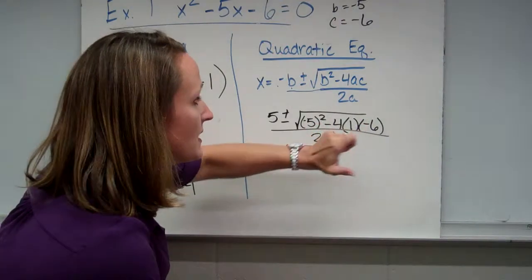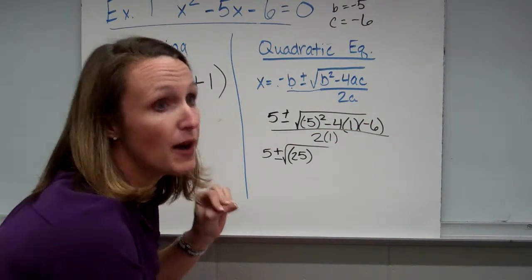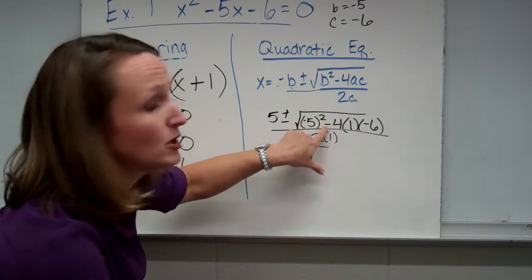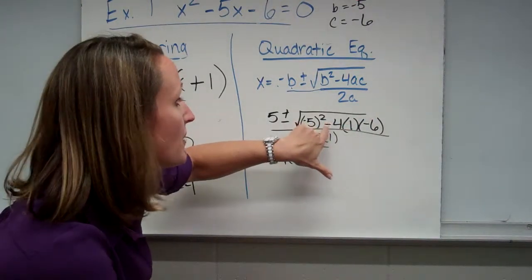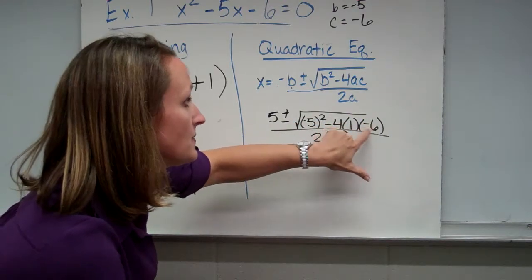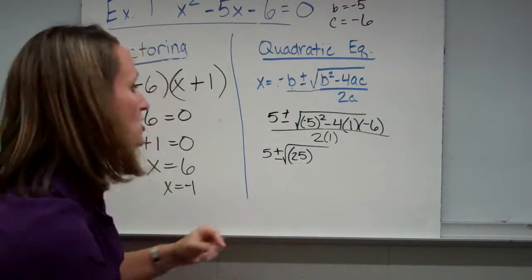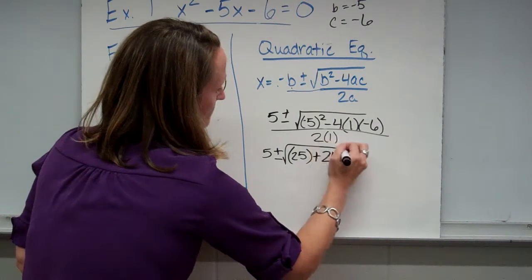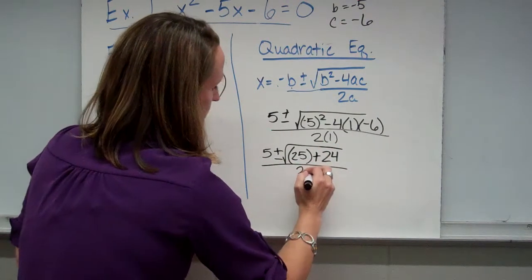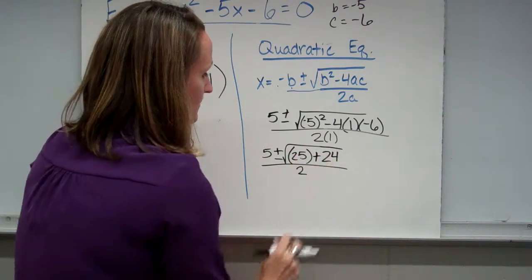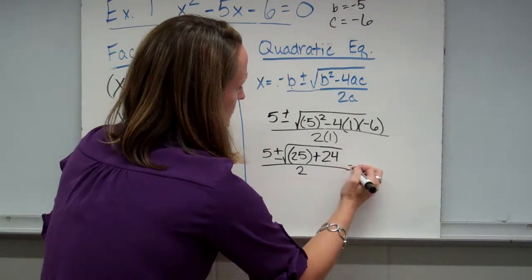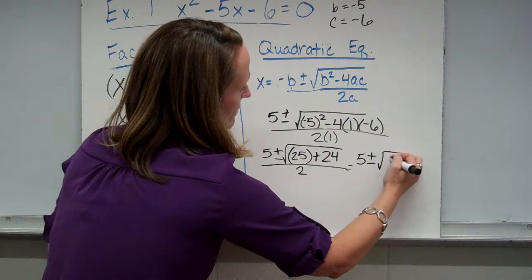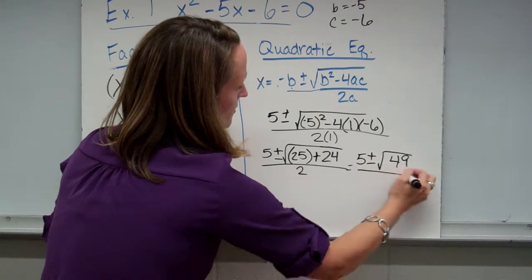Negative 4 times negative 6 is positive 24. And this is where people make a mistake. Because we have a negative here, they forget to make it positive. Negative 4 times negative 6 is positive 24. Plus 24 over 2. 25 plus 24 gives you 49. So we now have 5 plus or minus the square root of 49 over 2.